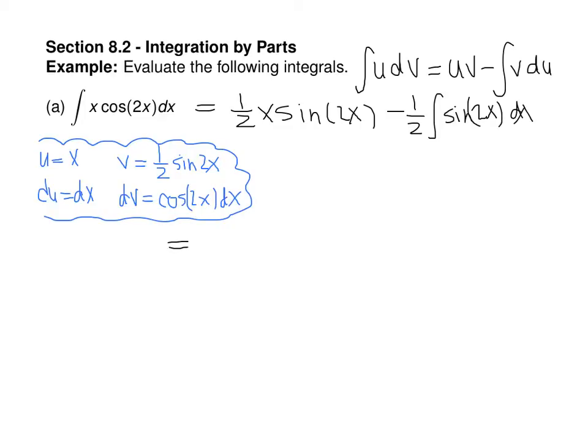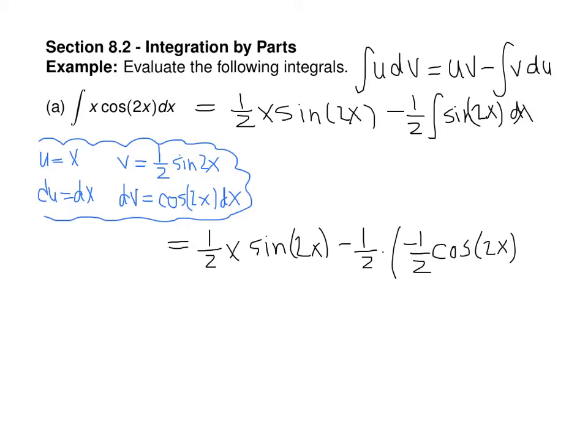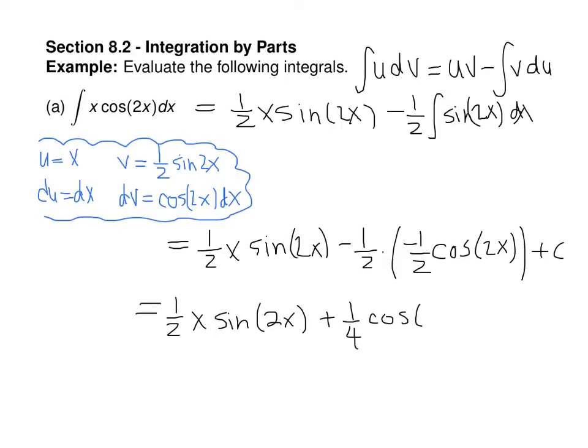So that will be 1/2 x sine 2x minus 1/2 times, now the antiderivative of sine 2x is cosine 2x with the coefficient of negative 1/2 plus c. So we have 1/2 x sine of 2x plus 1/4 cosine of 2x plus c.